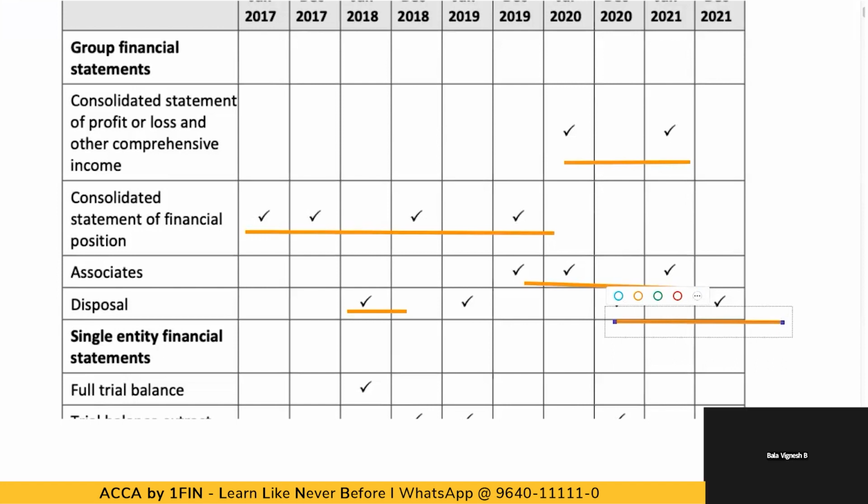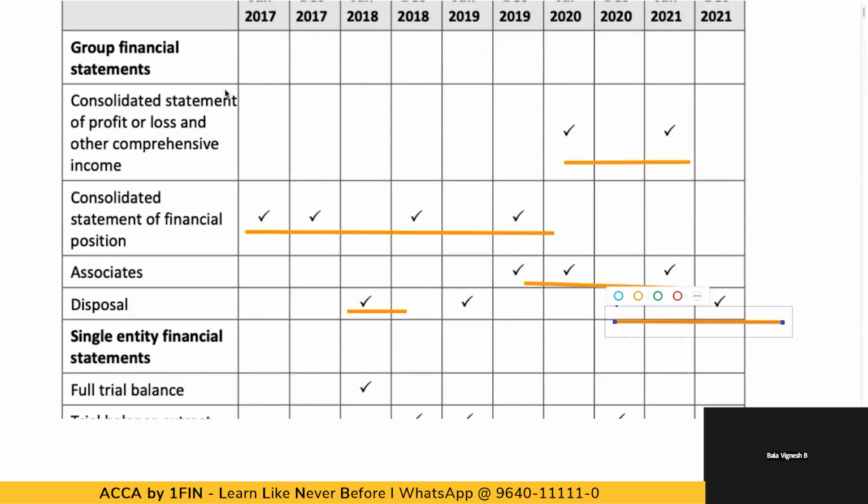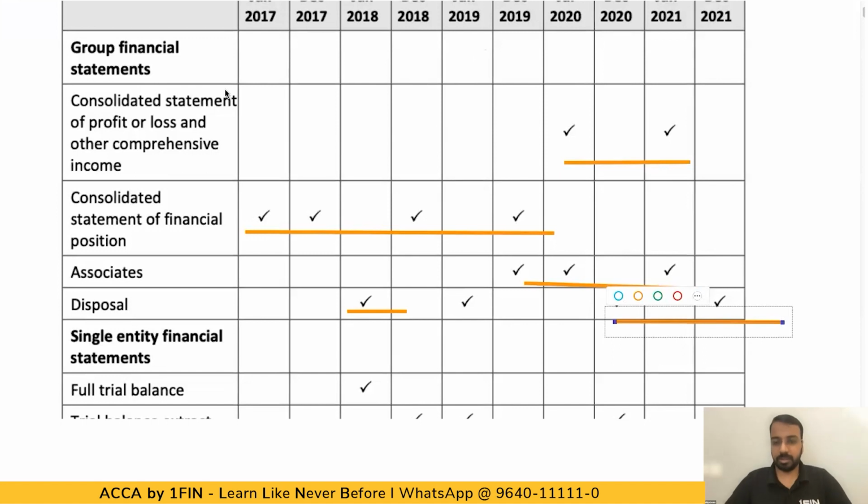Sir, at last, one day or two days before the exam, if I try to do a complete revision, which are the particular chapters? If there are any important chapters, I can do more revision on those, sir. So see, I'll tell you where students normally struggle. This is across every course I have seen: leases, revenue, financial instruments, consolidation, impairment. These are the key.